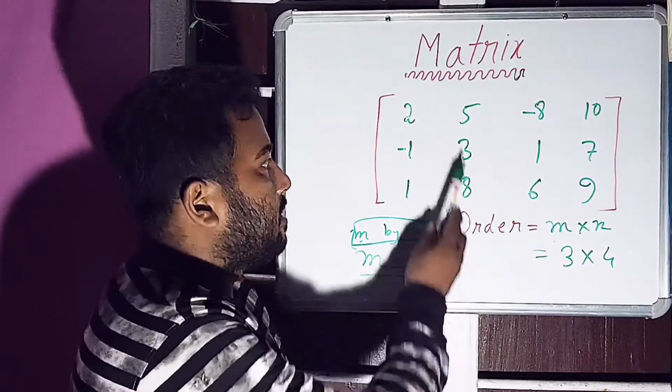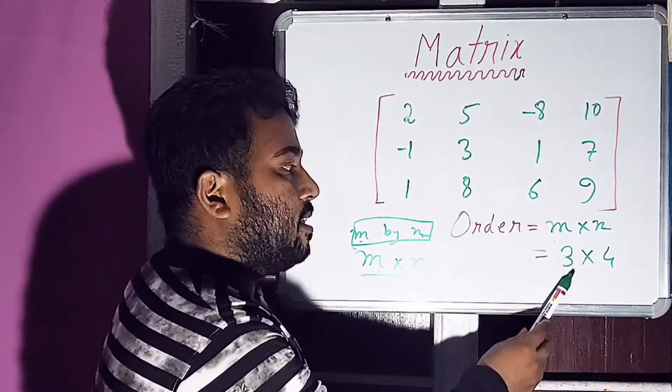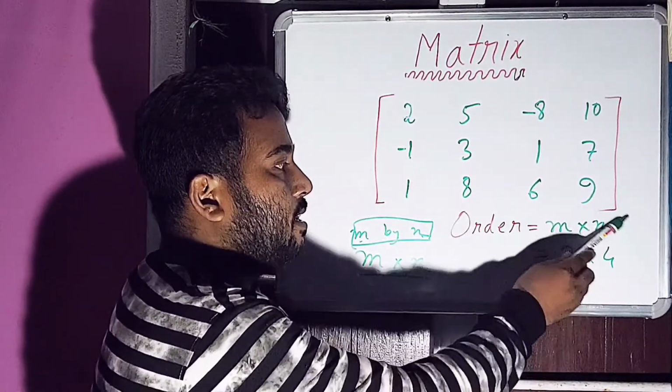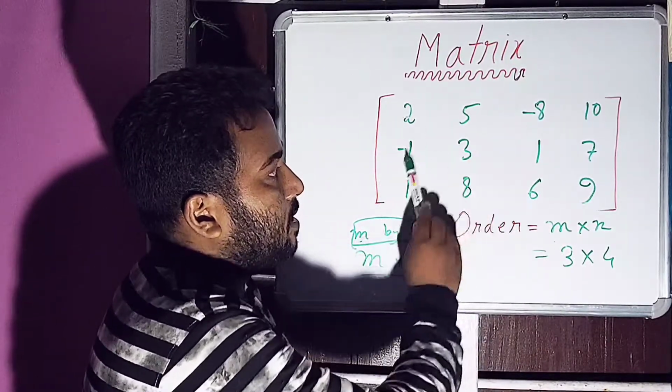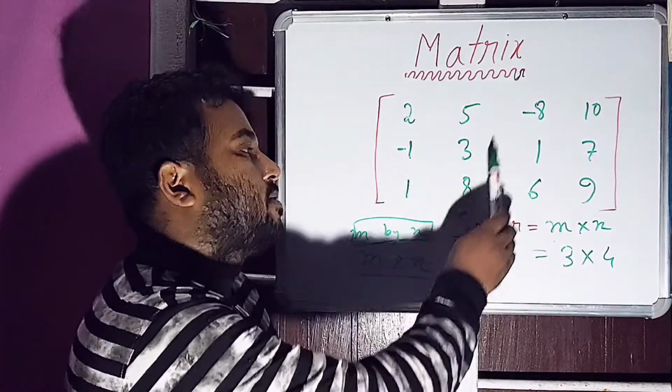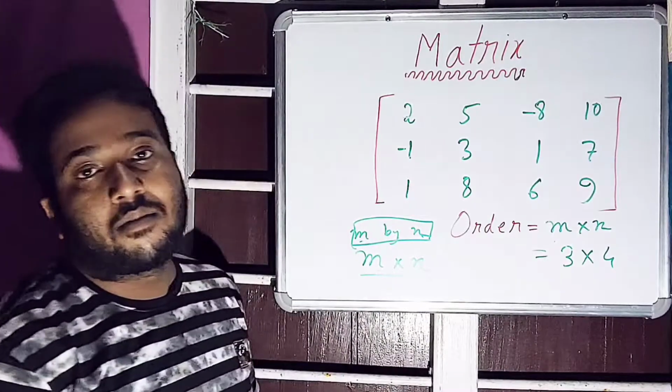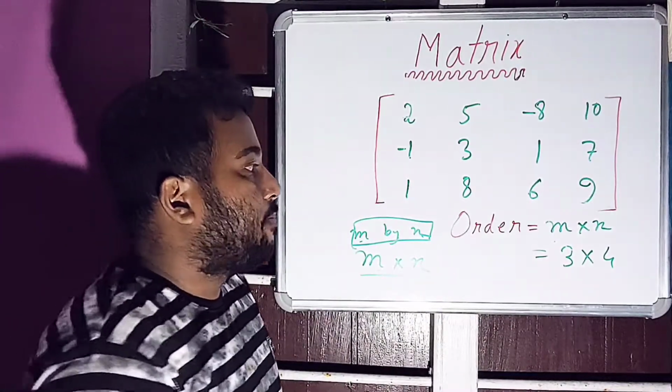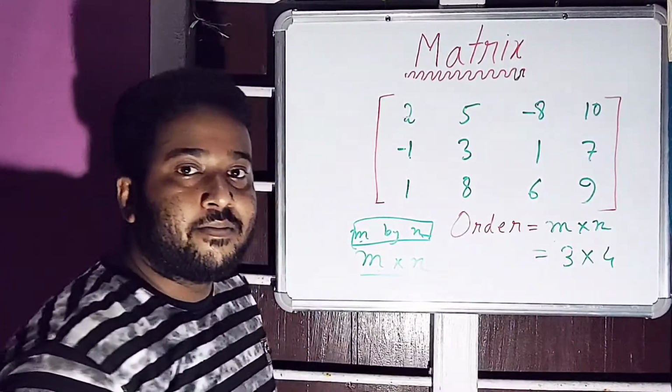So the order of this matrix is 3 by 4. So generally, if the number of rows is m and the number of columns is n, then the order of the matrix will be m by n.